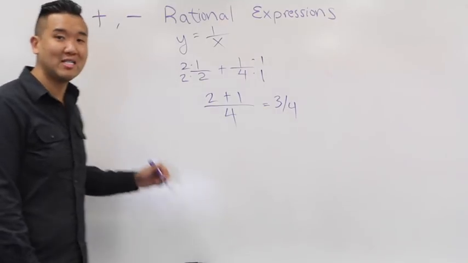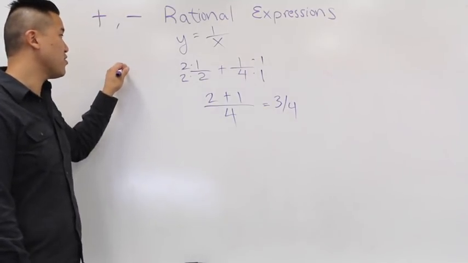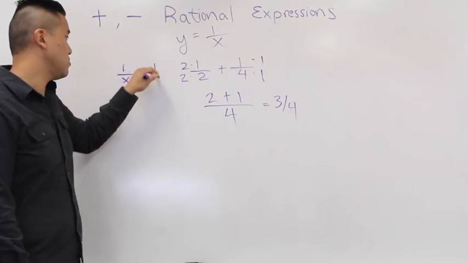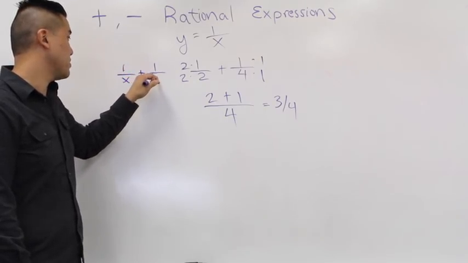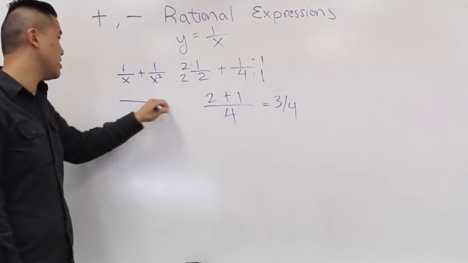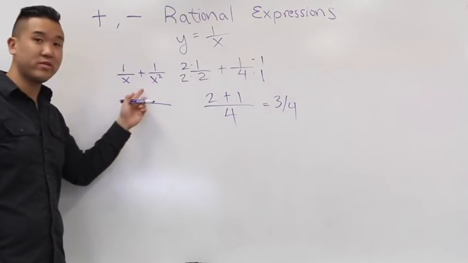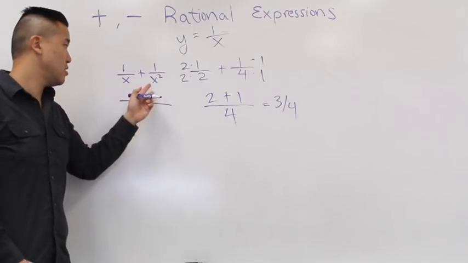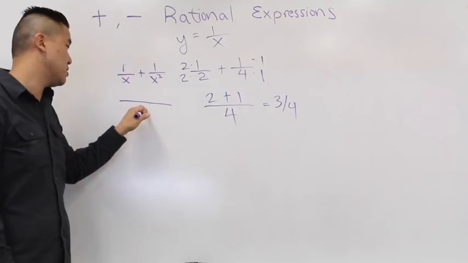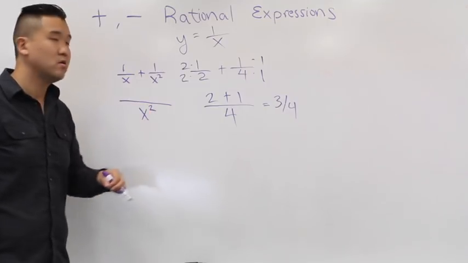Same concept. If I use variables, let's say I use 1 over x plus 1 over x squared. My common denominator is what they both have in common. We have to take the bigger exponent of the 2, so my common denominator is actually x squared.